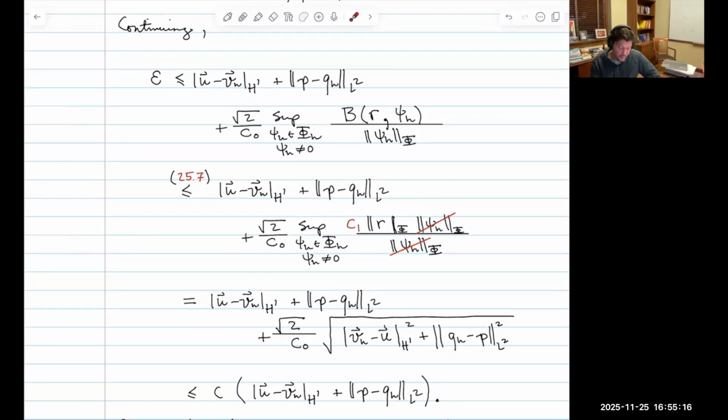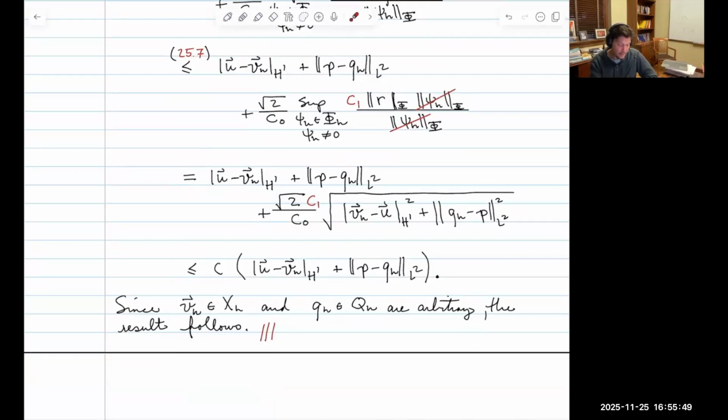From the quotient, numerator and denominator are the same thing. I can cancel those. Once I do that, then there's nothing really to take a supremum over anymore because this thing is completely independent of phi h. So that's fine. I can just get rid of the supremum, but I am missing a C1 here. So let's put that in. C1 is there. Okay, I think we're okay now.